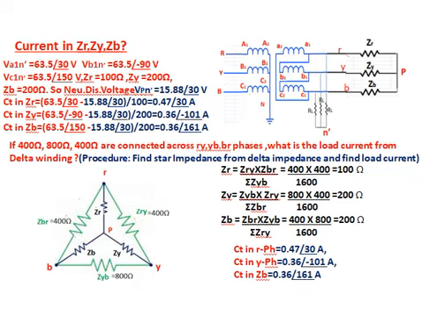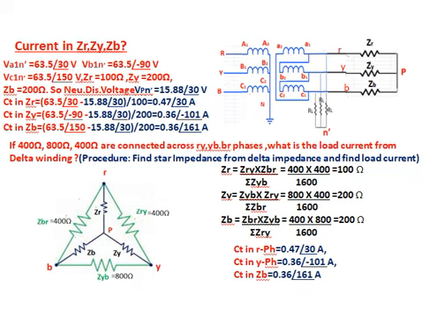That is, load resistance is varying. Neutral displacement voltage VPN' equal to 15.88 angle 30 volt. Current in ZR, that is, R phase current due to the load variations: current in ZR equal to (63.5 angle 30 minus 15.88 angle 30) whole divided by 100, equal to 0.47 angle 30.